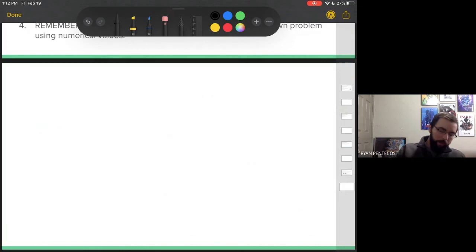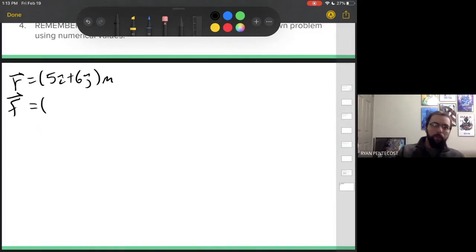All right, so we have r equals 5I plus 6J meters, and our force equals 3I plus 7J newtons. So there is no K component to any of this, right?